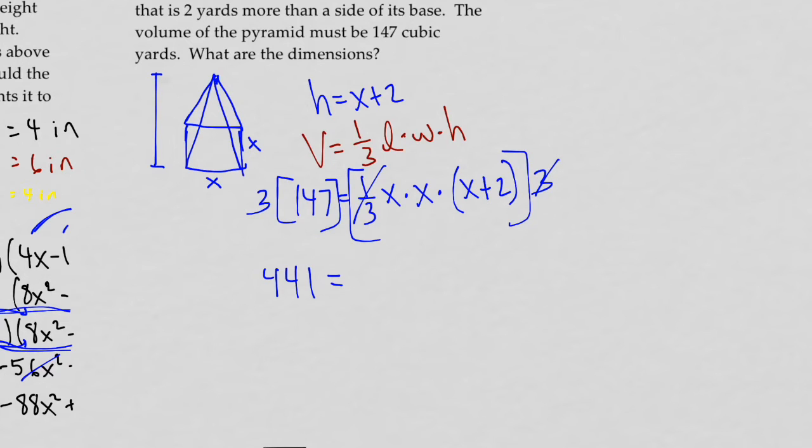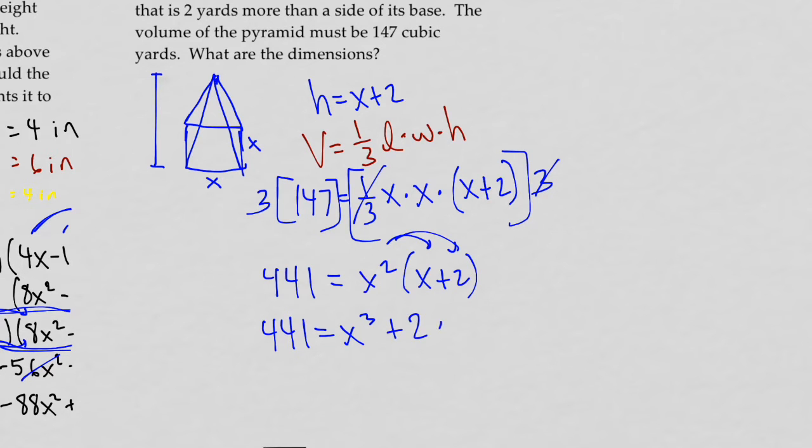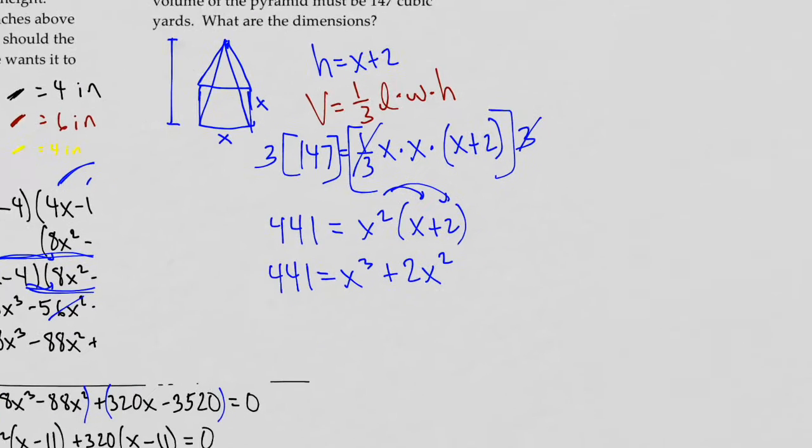Yeah, that looks correct. And then what you have on the other side is, since the 3 and the 1/3 cancel, you have x times x, which is x squared, and you have x plus 2 inside parentheses. So to finish simplifying that, I'm going to distribute the x squared. So it's 441 equals x cubed plus 2x squared. Alright?